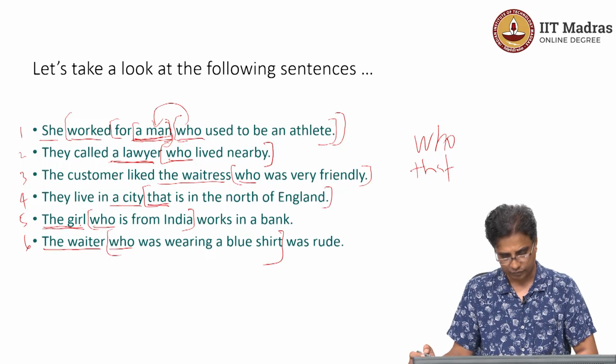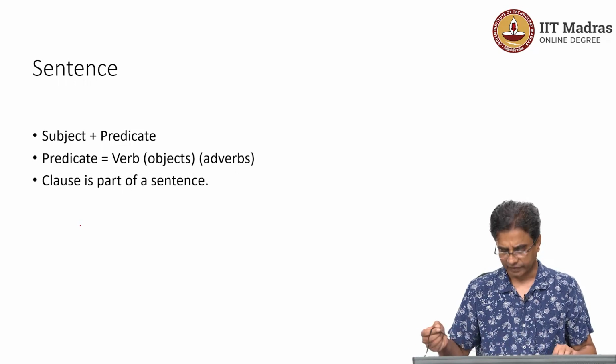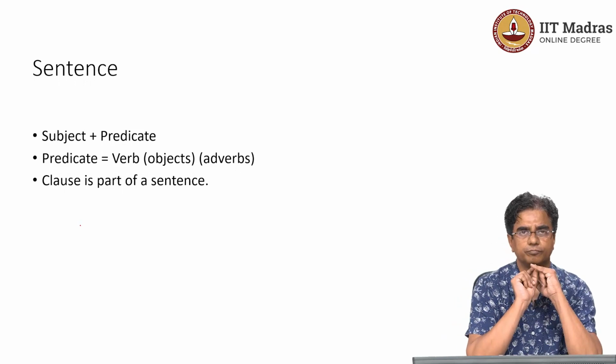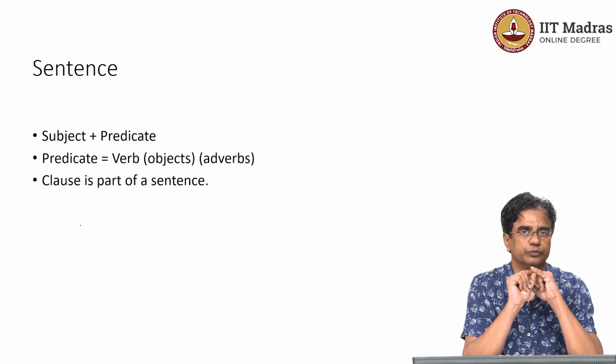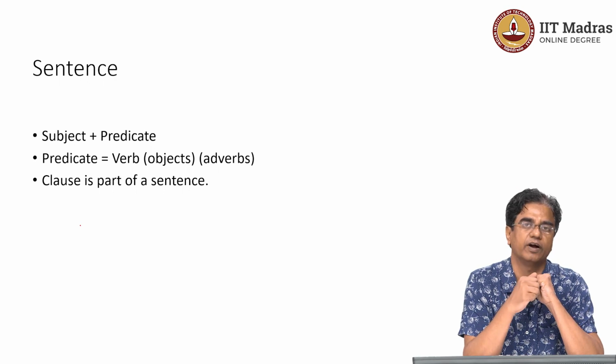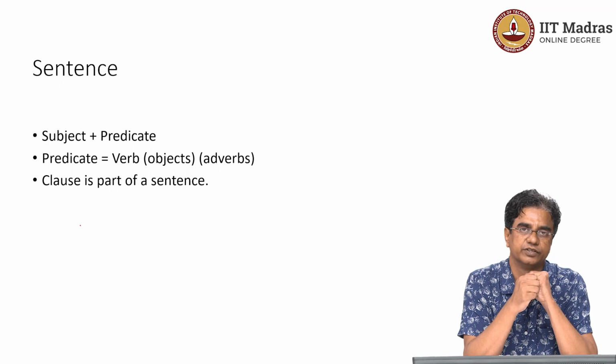So, what I am trying to tell you here is, we understand the function of a relative pronoun. It has the function of modifier. It works as a modifier just as an adjective works.